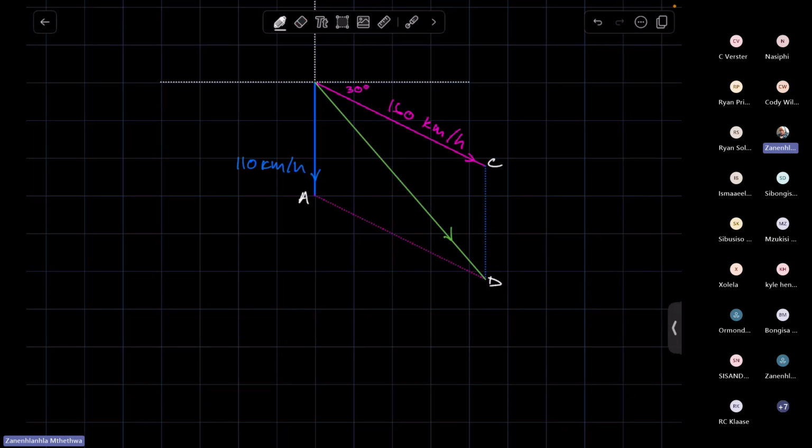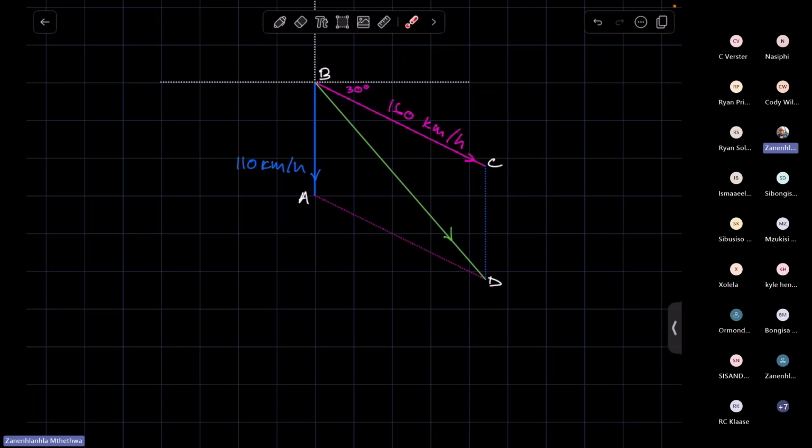So that's A, that's B, and then that's C, that's D. Once you've labeled your parallelogram, remember what it is that you're looking for. We're looking for the resultant, which is this one. The resultant represents the velocity which you're looking for, which is the velocity of B relative to A.